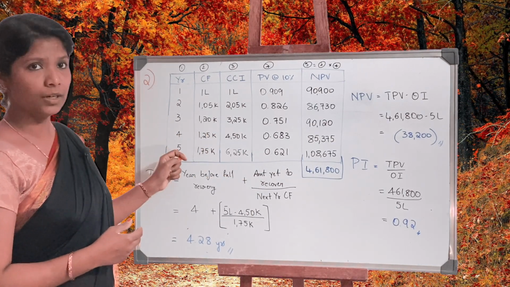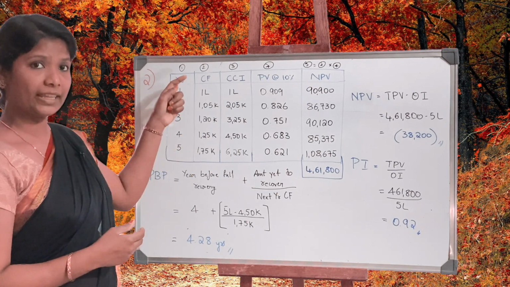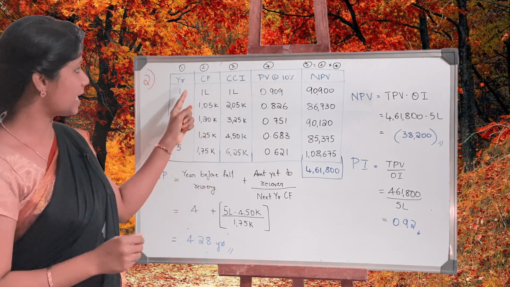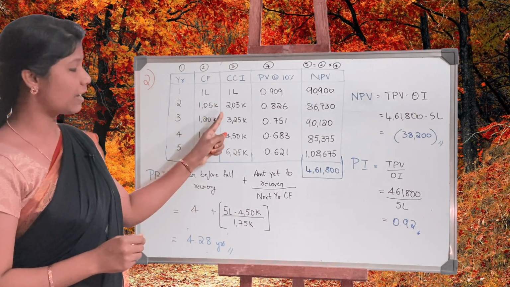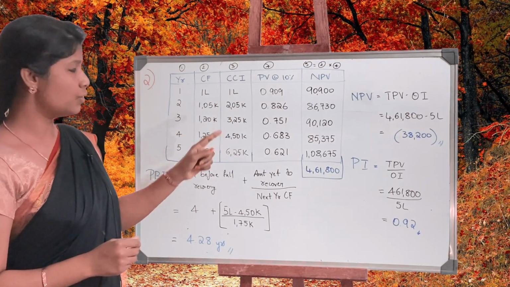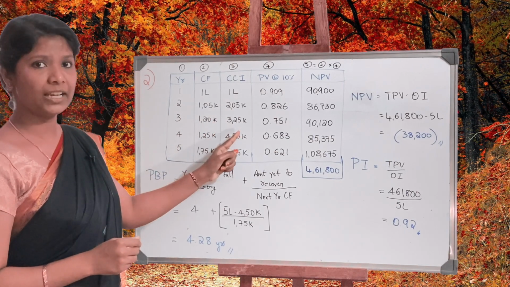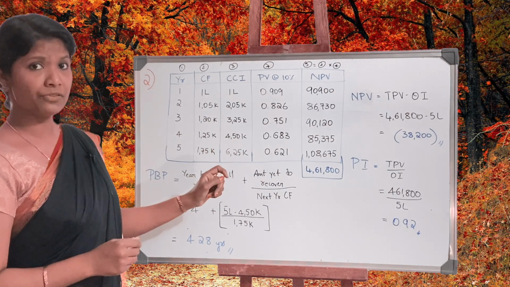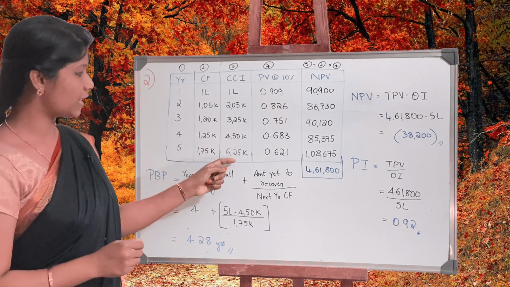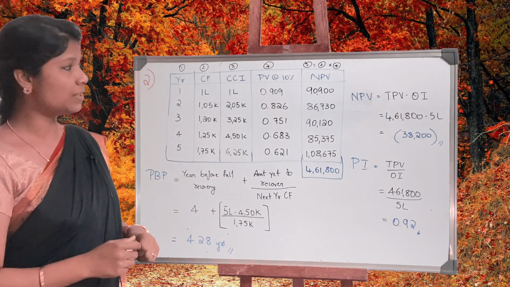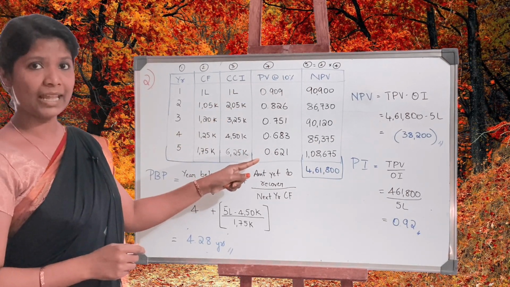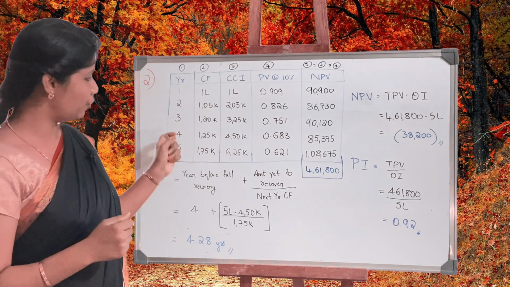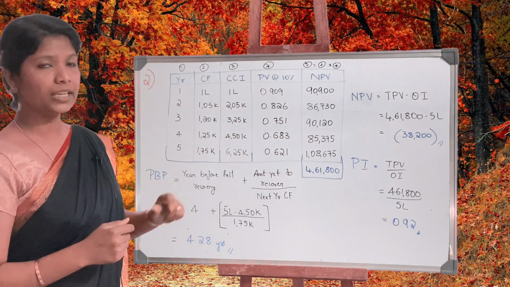So starting with your cumulative cash flows that we have found out in the table, and then the cumulative cash flows, that is adding up 1 lakh, 1 lakh plus 1 lakh 5,000, 2 lakh 5,000, 2 lakh 5 plus 120, 3 lakh 25, 3 lakh 25 plus 125, 4 lakh 50,000, 4 lakh 50,000 plus 175 gives you 6 lakh 25,000. Next is the present value at 10%, 1 divided by 1.1 to the power of 1 to 5 years. These are the given values.